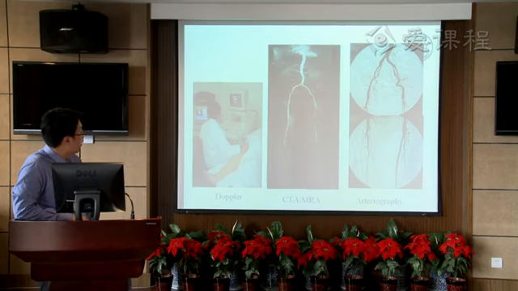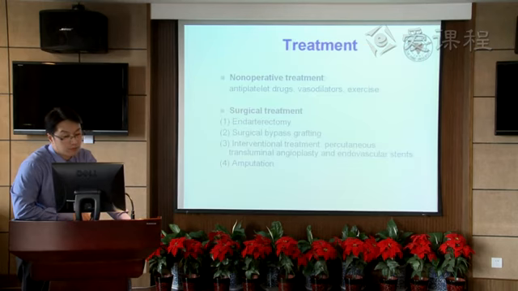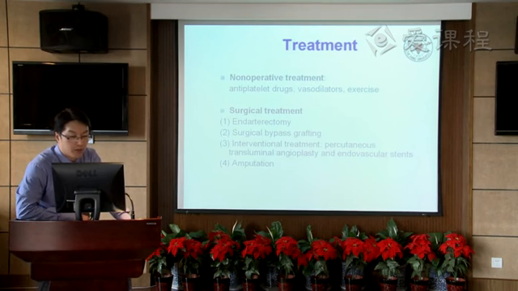Doppler, CTA, MRA, and arteriography should be used to test ASO in the patient. Treatment includes non-operative treatment and surgical treatment. Antiplatelet drugs, vasodilators, and exercise are the non-operative treatment.